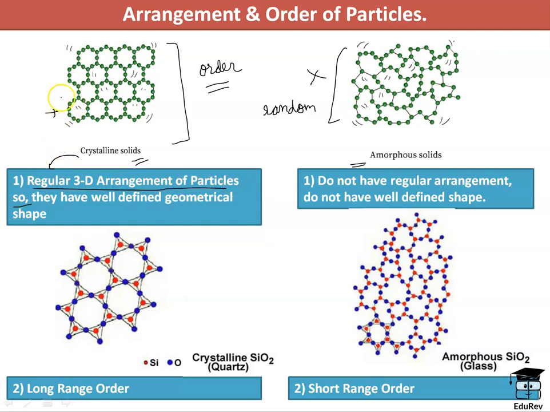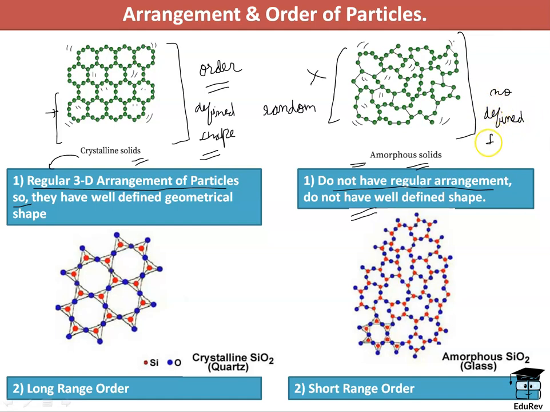You can see the regular, ordered arrangement, and because of this ordered arrangement they have a well-defined shape. In amorphous solids there is no regular arrangement, and that's why no defined shape is there.